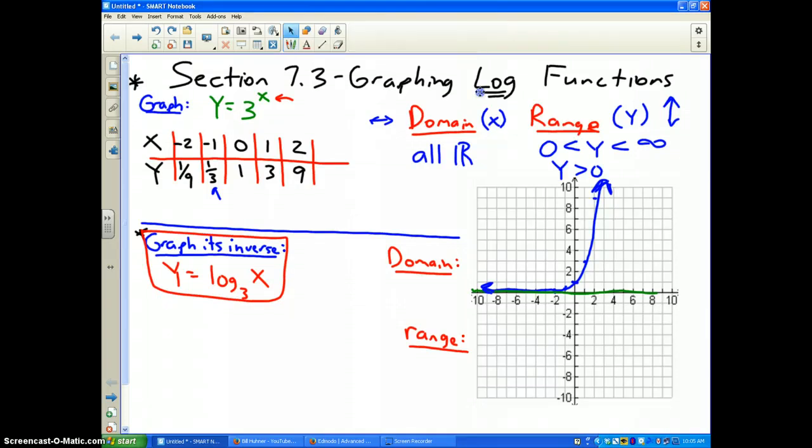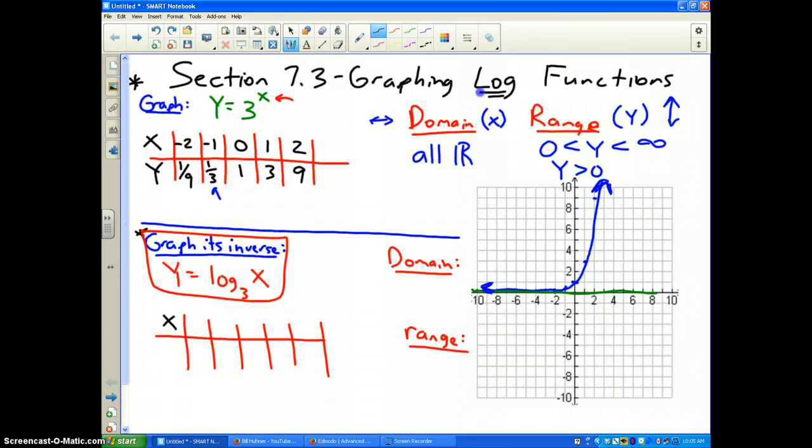Well, again, we need to make a t-table. We just said on the last video and in this video, to find its inverse, you switch x and y.